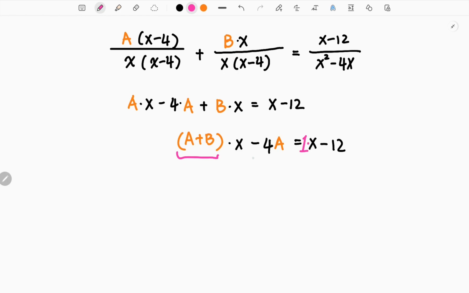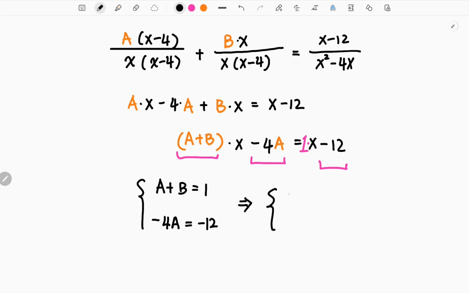And our negative 4A must equal this constant, which is negative 12. So let's write that out. A plus B is equal to 1, and negative 4A is equal to negative 12. Therefore, we get A is equal to 3 and B is equal to negative 2.